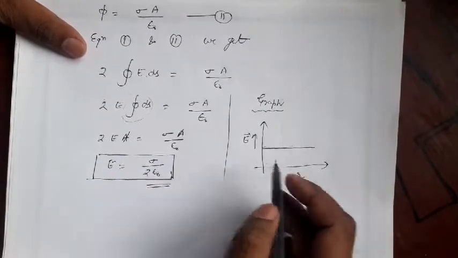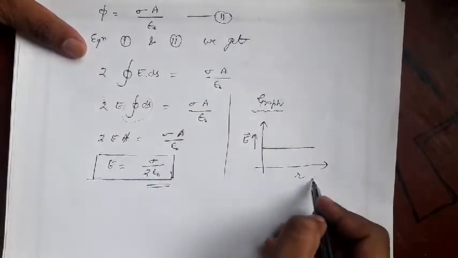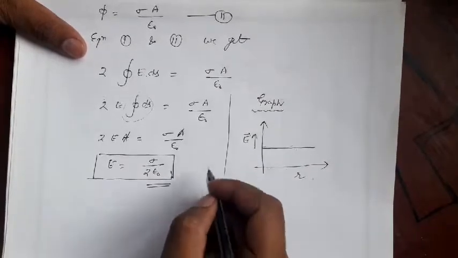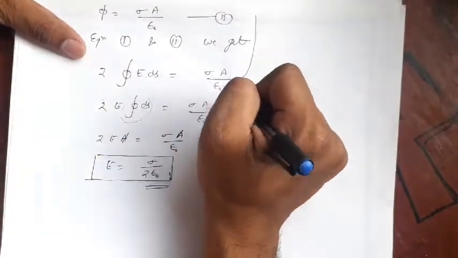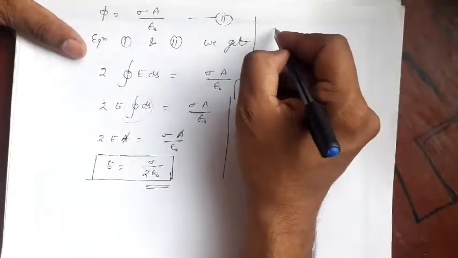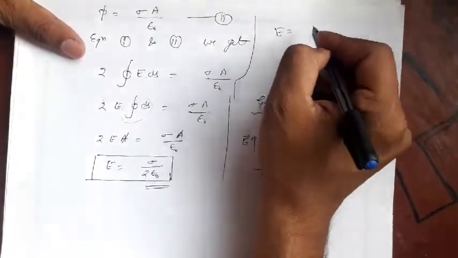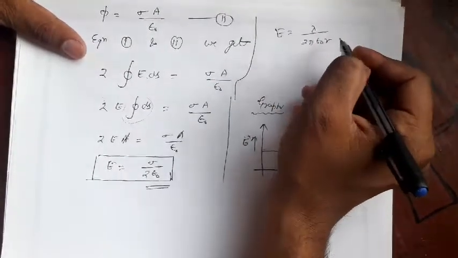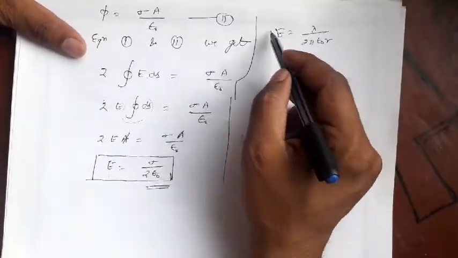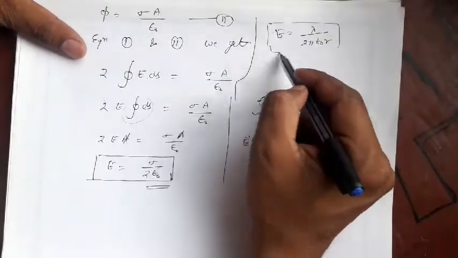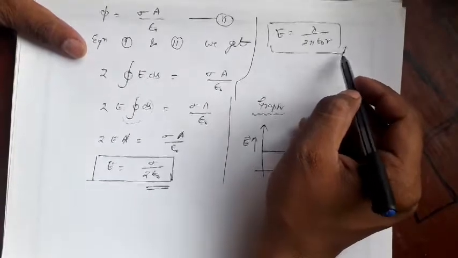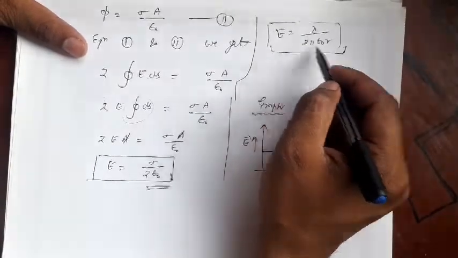अगर ग्राफ पूछ लिया जाता है तो we will design the graph of E versus R, and this will be E equals sigma upon 2 epsilon. In the previous video we have already proved the formula for infinite long line charge: electric field is equal to lambda upon 2 pi epsilon into R. Suppose they will ask the graph of the electric field also, जिसने वीडियो नहीं देखा है वो प्रीवियस लेक्चर देख लो.